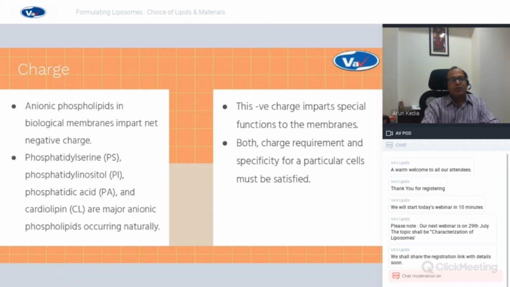These are major anionic phospholipids occurring naturally. So this negative charge imparts special functions to the membranes, things like adhesion, things like the clearance, etc. And both charge and specificity for particular cells must be considered while designing the liposomes.